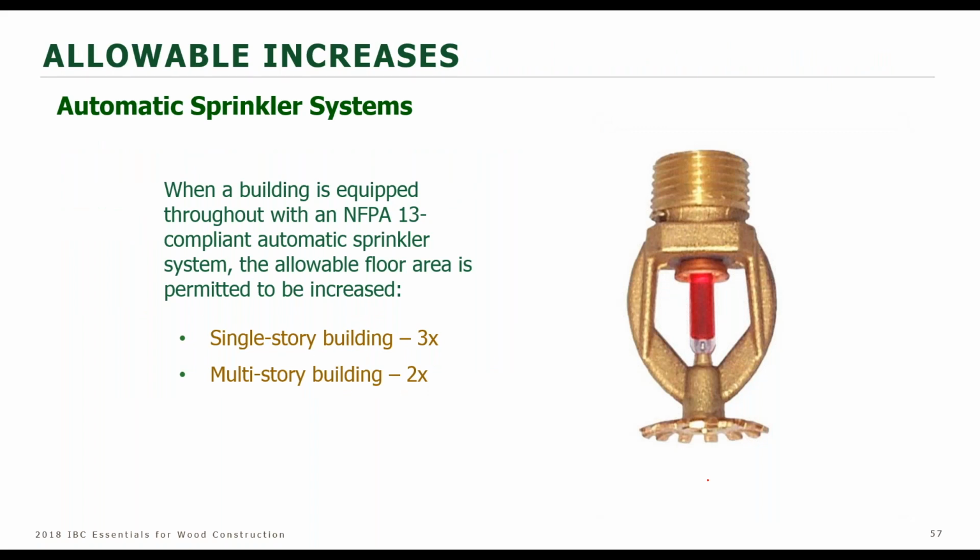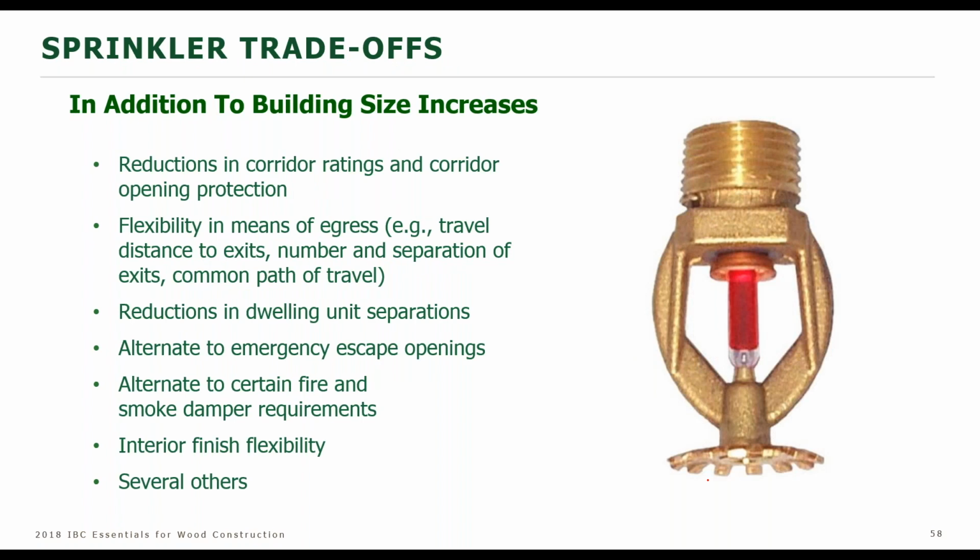This is all done for you in the tables in chapter 5, but when you put sprinklers in a single-story building, you get 3 times the allowable area. In a multi-story building, you get 2 times the allowable area per floor. And there are many other advantages to sprinklers for purposes of design. So you often get to have unprotected corridors. You get some flexibility in means of egress.